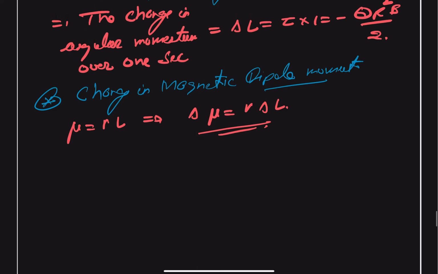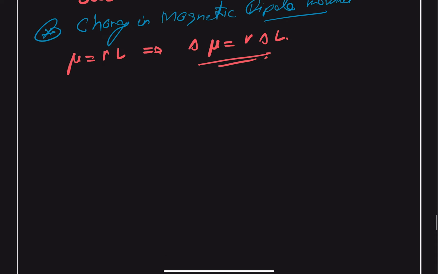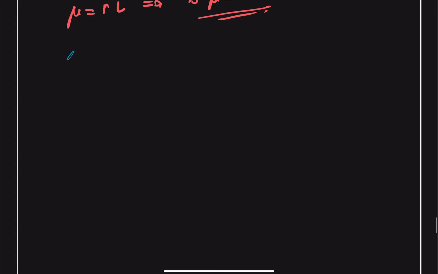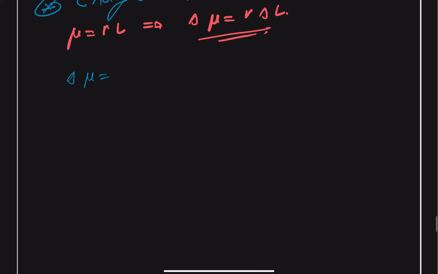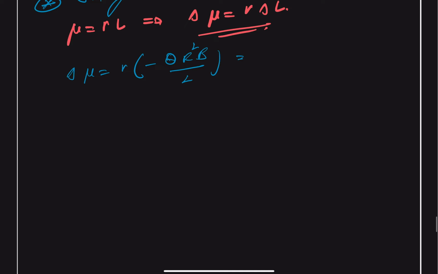And we just found out the change in angular momentum, that is delta L. Therefore, we substitute, and this comes as gamma times minus q R square B upon 2. So we can just combine it, and this becomes a minus q R square B gamma divided by 2.